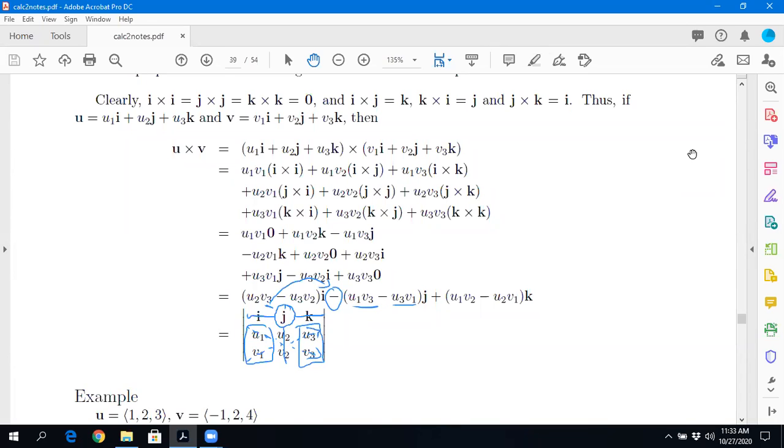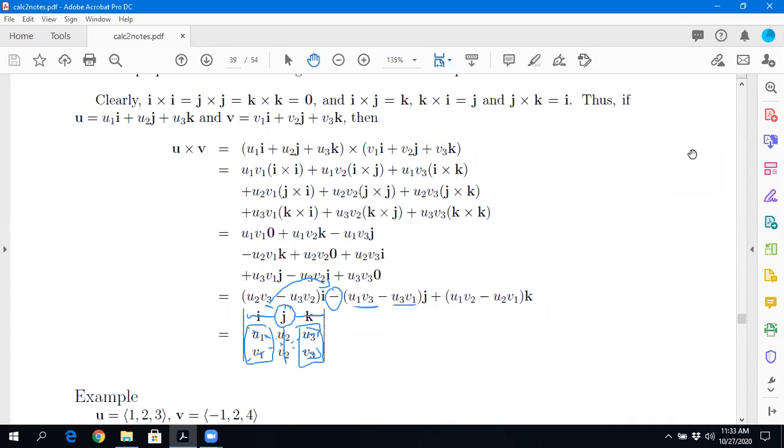Now, to learn what's actually going on here, you take a class called linear algebra, okay? Linear algebra is really the thing that describes in full geometric detail what's happening here. But in essence, to figure out the sign that you attach to a term in here, you basically take row plus column. If that's even, it's a plus.